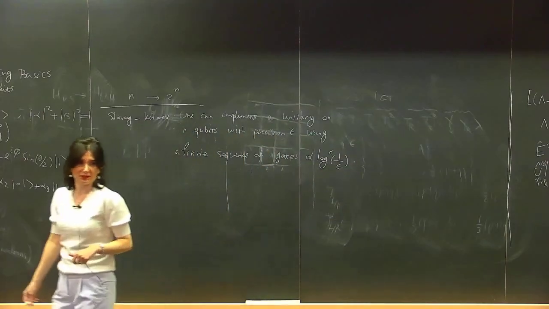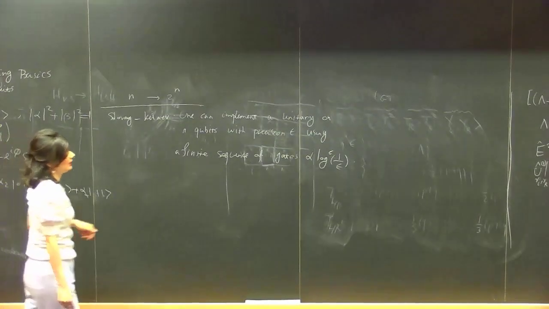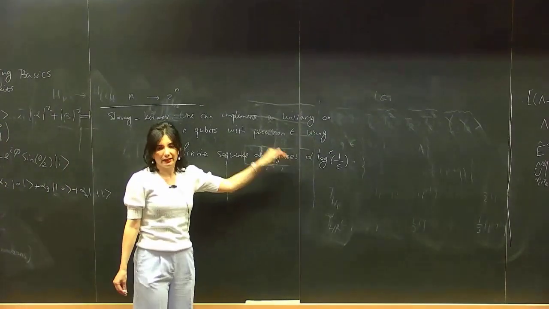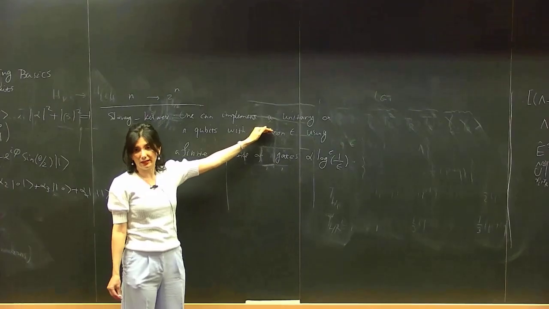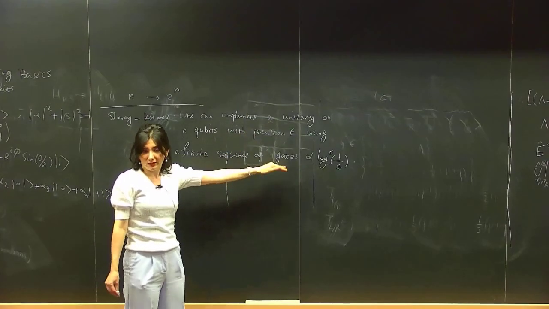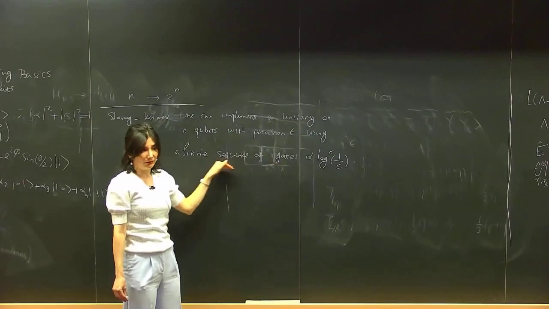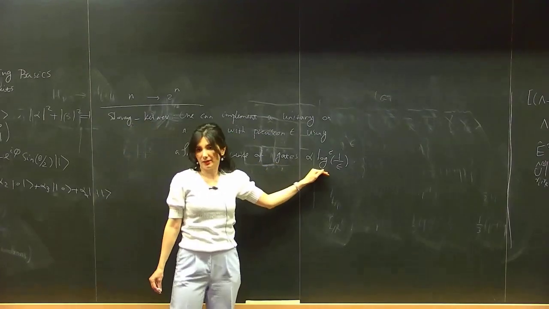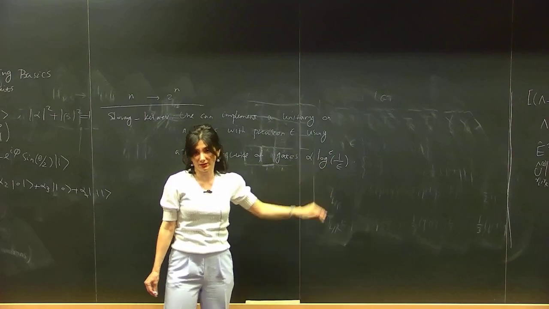And this is pretty efficient. Okay? Which means I can make my estimate of that unitary on n qubits arbitrarily well, but by a finite sequence that goes only logarithmically in the inverse of that precision.